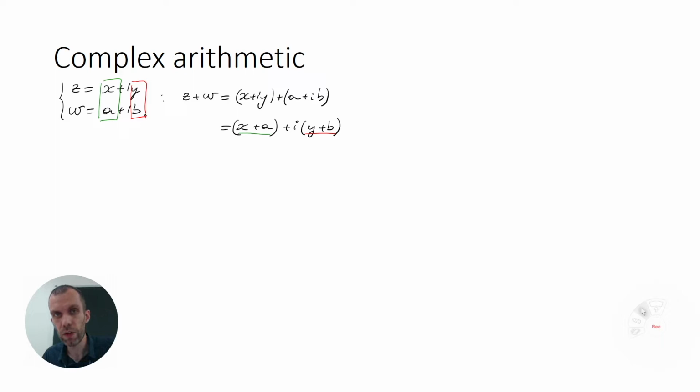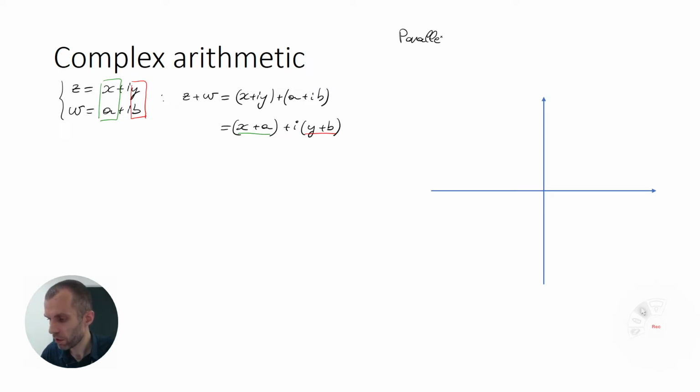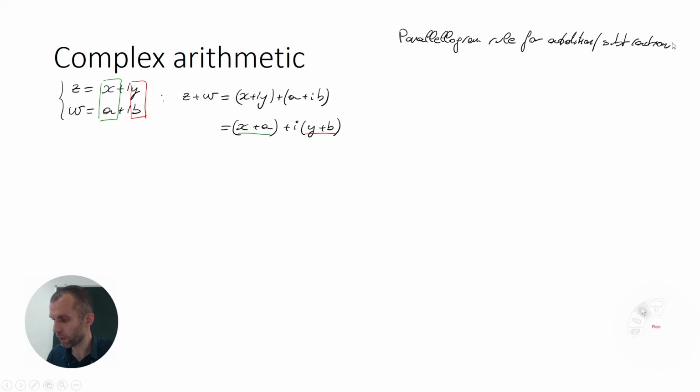There's also a very useful geometrical representation, and it goes by the name of the parallelogram rule. So let me show you how that works. What we do here is we take our two complex numbers.